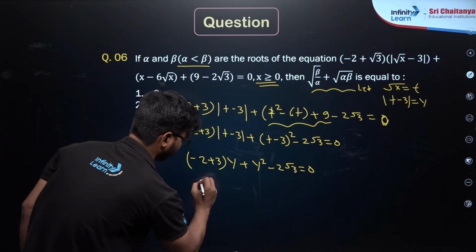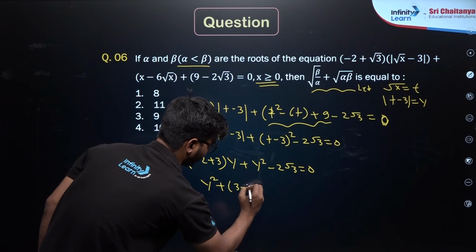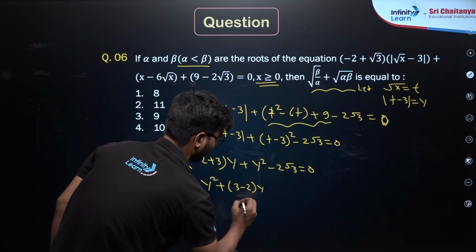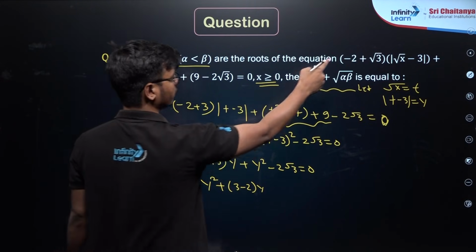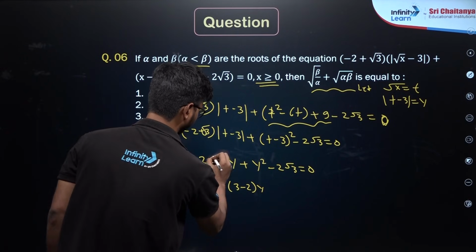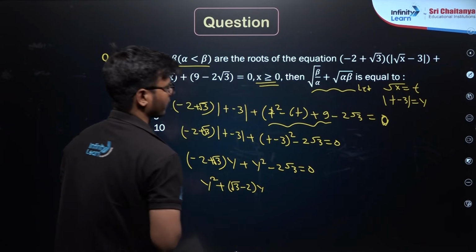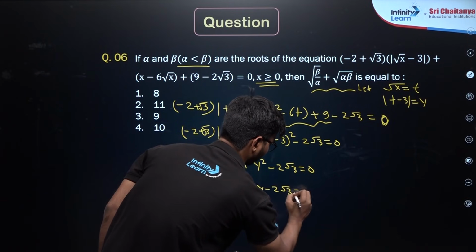I can rewrite this as y square plus of 3 minus 2y, correct? Just a minute. Here it's root 3, okay? So here it's root 3 everywhere. Okay. And we are going to have minus of 2 times of under root 3 equals to 0.